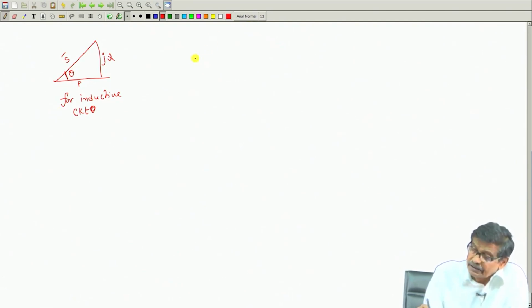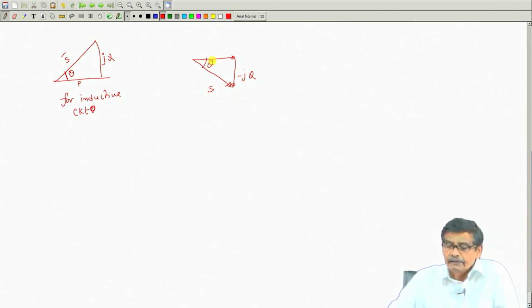For a capacitive circuit, it will be like this, P, and its reactive component will be minus jQ, S, and this is the power factor angle of the load. You just solve several problems and you will be able to get the idea.